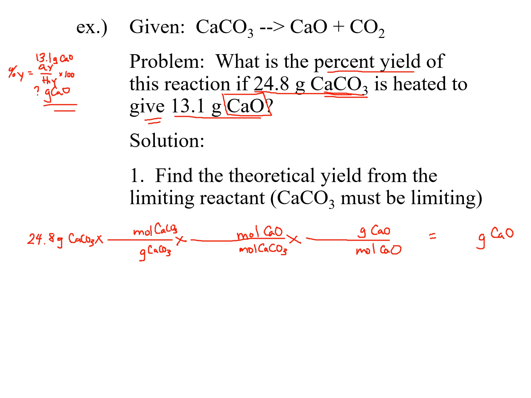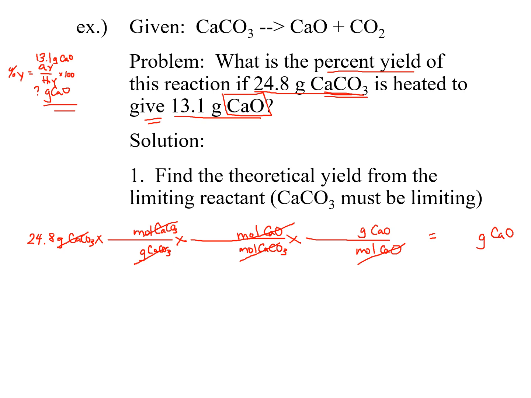I started with grams of CaCO3, which cancels with grams of CaCO3. Then I went to moles of CaCO3, which cancels with moles of CaCO3. Then I went to moles of CaO, which cancels with moles of CaO. And I finally ended with grams of CaO, which matches my answer, which is grams of CaO.